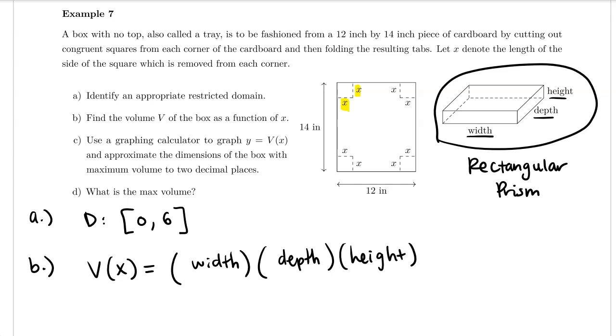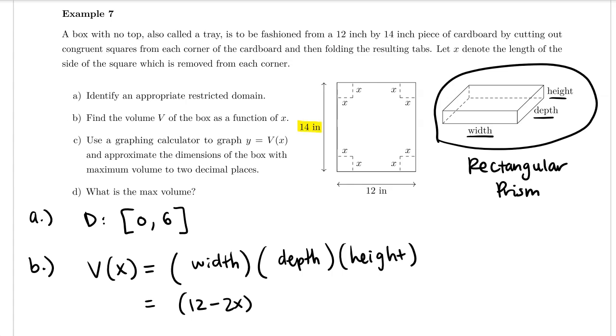So let's say that the width is here. And if I'm cutting out x here and x here, that means that the width of my box is really going to be from here to here. And the way that we calculate that is 12 minus 2x, because I'm cutting out 2 different corners there. Now I want a measurement for the depth.